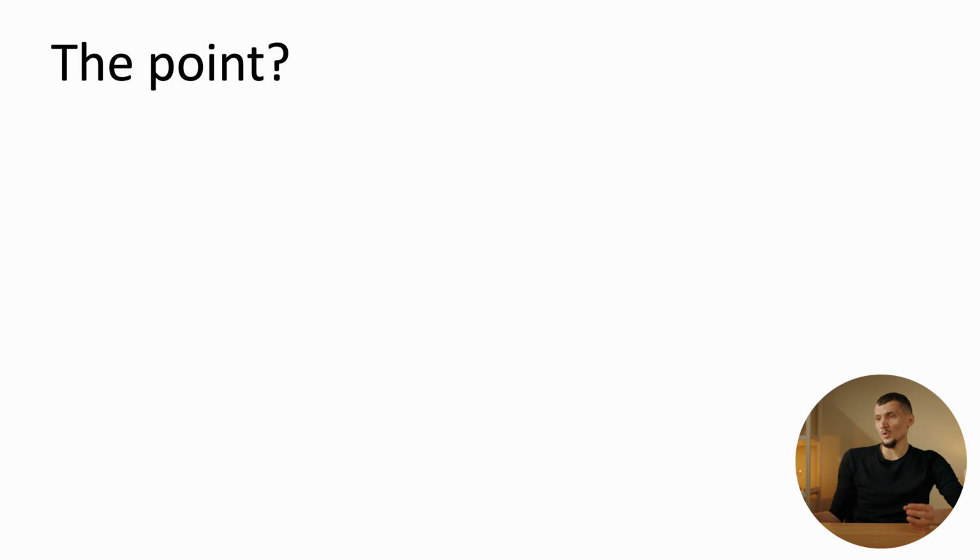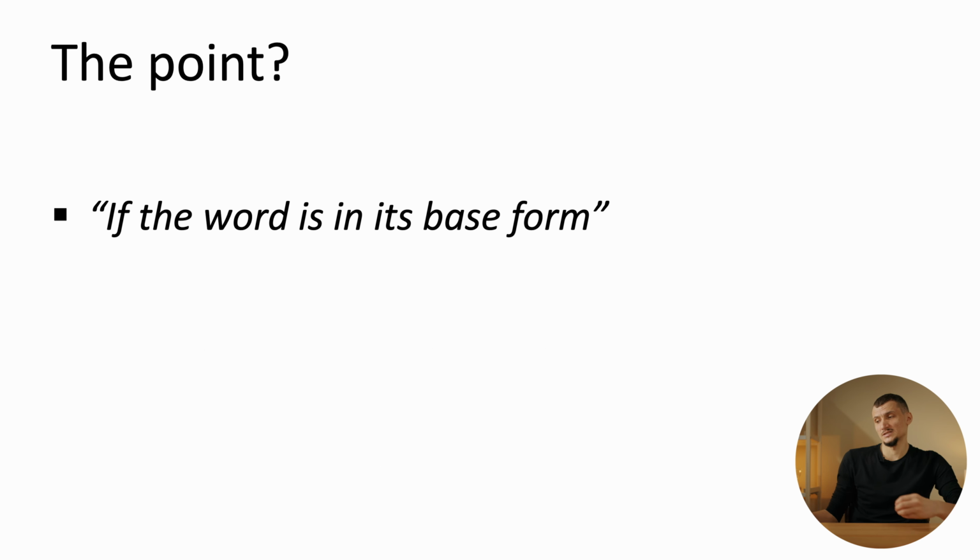So what is the point of all of this? We've been going on and on about the base form. What's the point of it all? Well, it's really just so that we can say, if the word is in its base form in our lessons, and that we could all be on the same page and know what we mean by that.